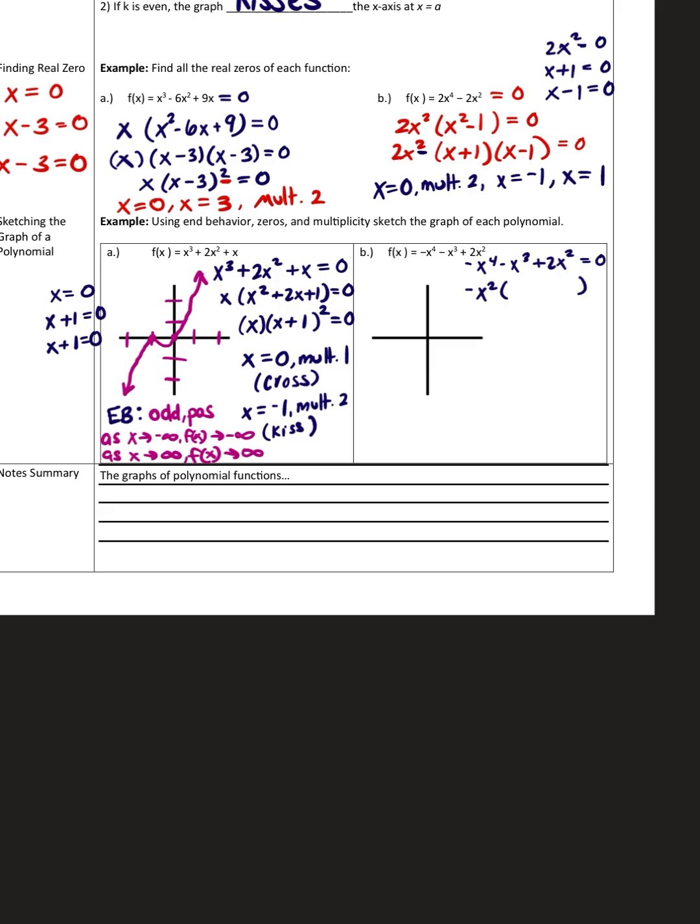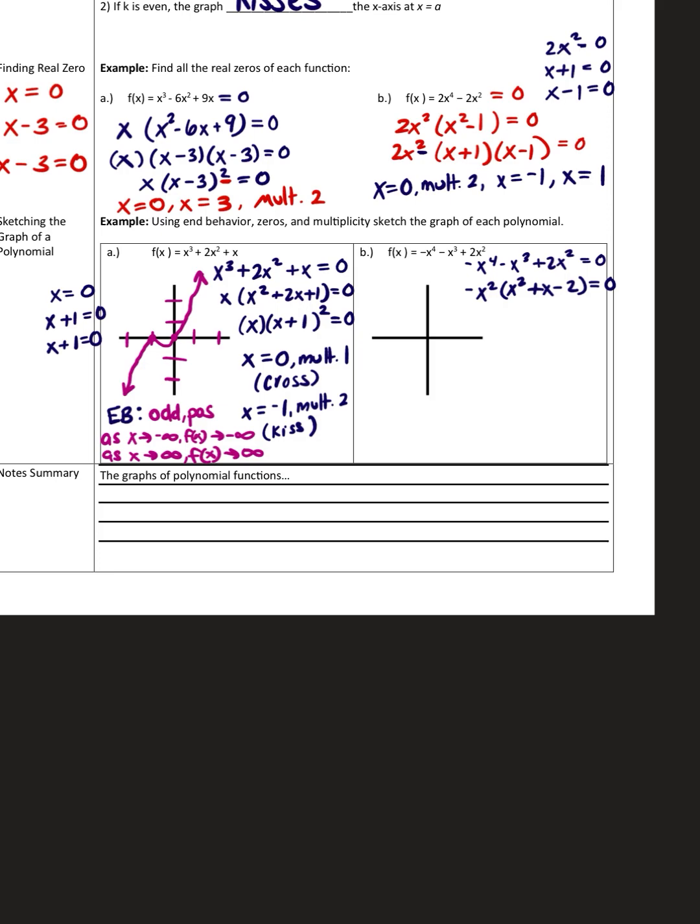I can pull out at least an x squared. And I'm going to do a negative, so that way it's a little easier for me to factor the quadratic that's left over. So I'm going to have x squared plus x minus 2 equals 0.